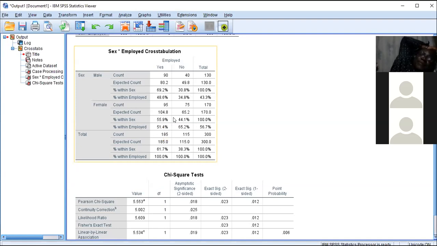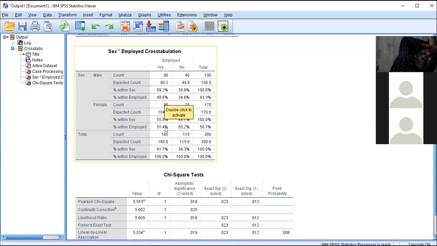But if you take the wrong direction and start using the percentage within the outcome, within employment, the second one, it will tell you that out of the employed people, 48.6% are male and 51.4% are female.